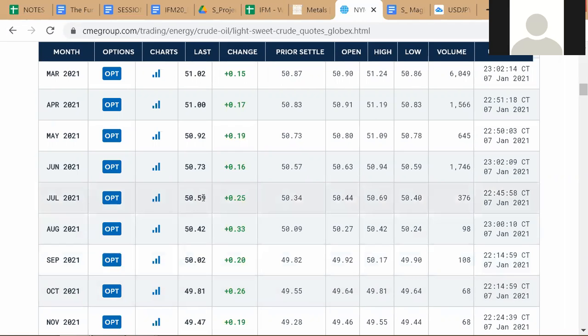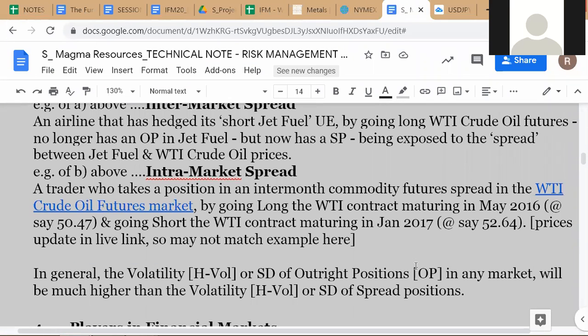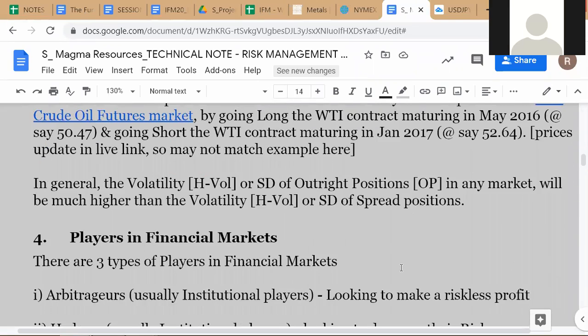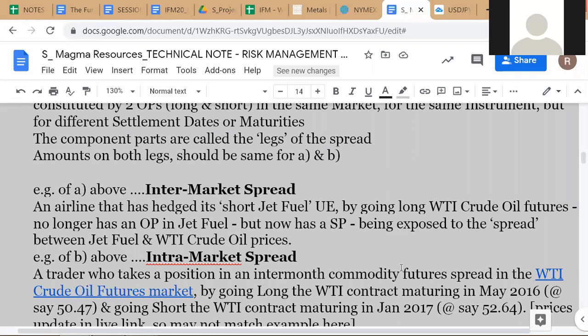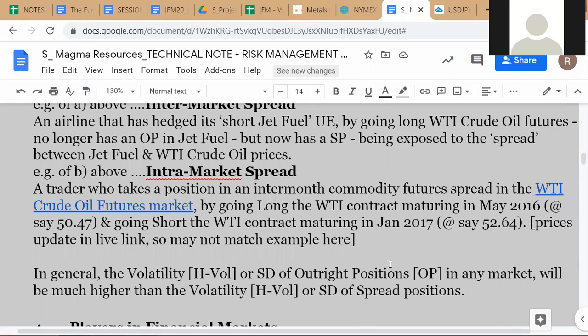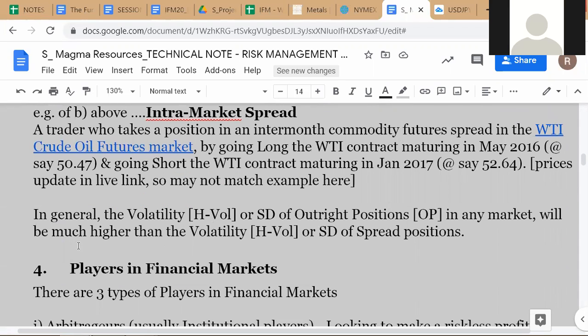The spread between October and July, according to the exchange, which is true actually, generally does not move. I think I've written this somewhere here. Generally what happens is, yes, I've written this here. The volatility, you can look at it as either historical vol or anything else.